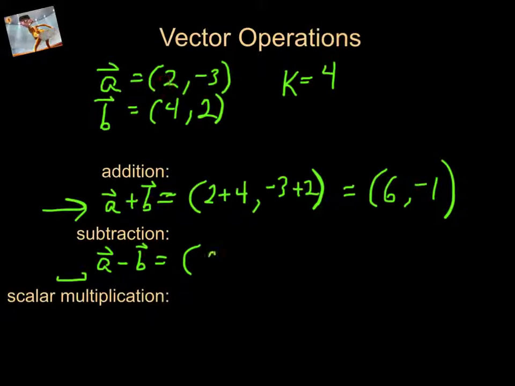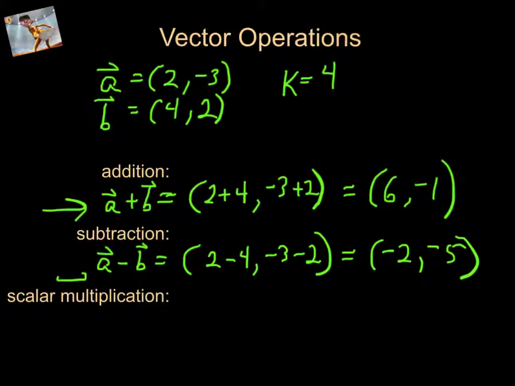So it's going to be 2 minus 4, and negative 3 minus 2. Let's simplify. 2 minus 4 is negative 2. Negative 3 minus 2 is negative 5. There is the difference between A and B.